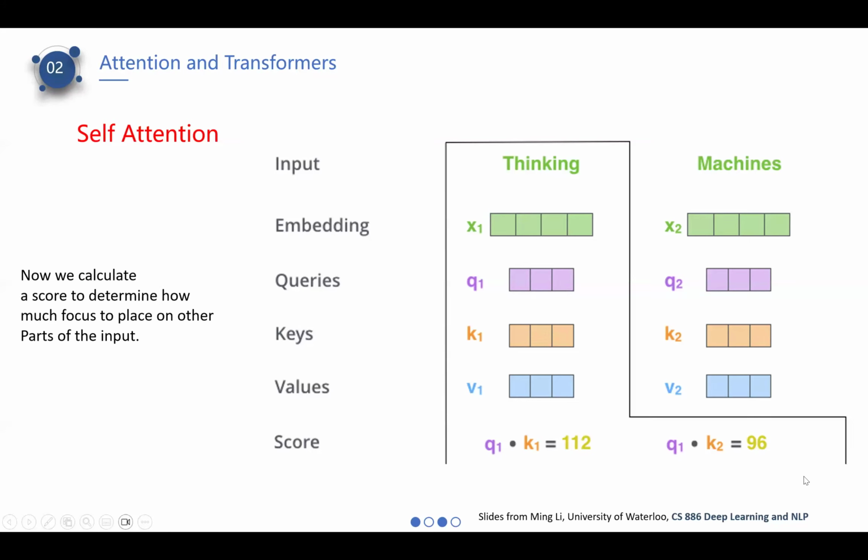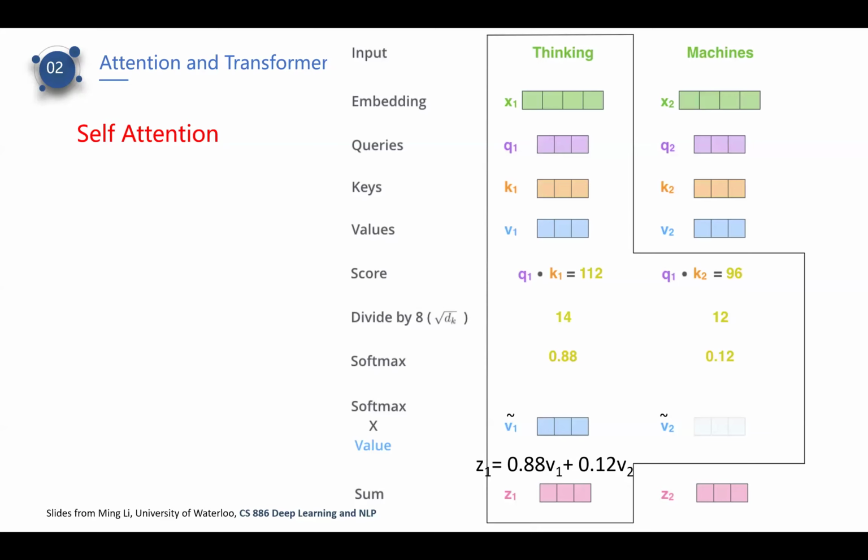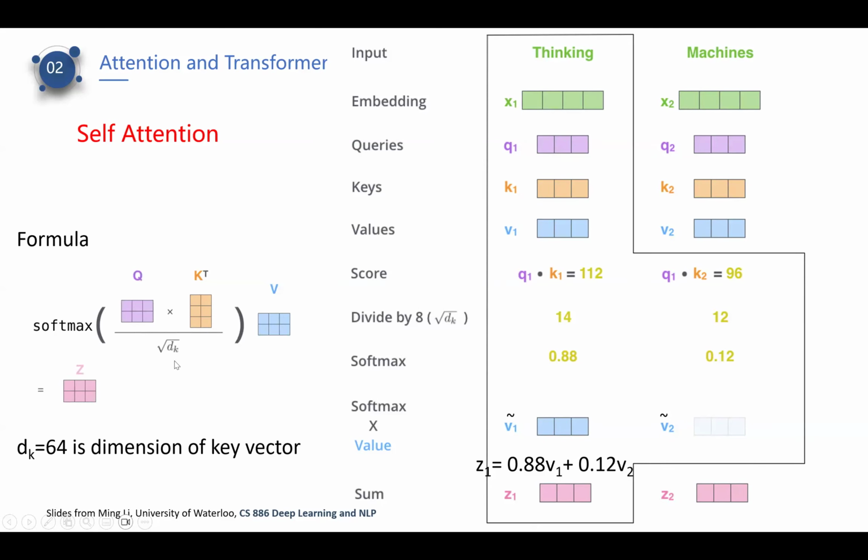Now the next thing we do is divide by the square root of dk, as I explained earlier. Suppose we want dk to be 64 dimensions. The square root of 64 is 8, so we divide 112 by 8.